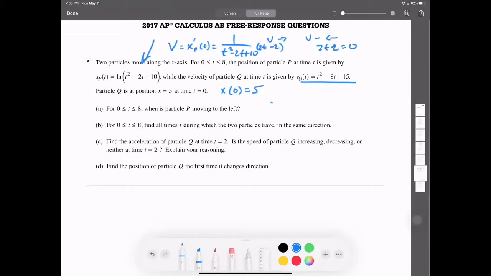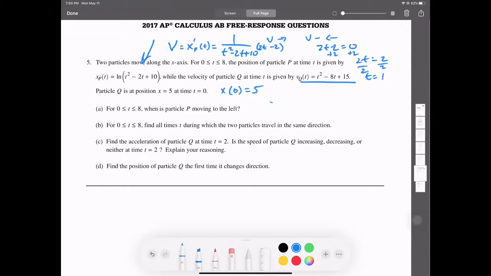We're checking when this is 0. It's 0 when, adding 2 to both sides, 2t is equal to 2, divided by 2, t is equal to 1. There's only one place where this becomes 0.